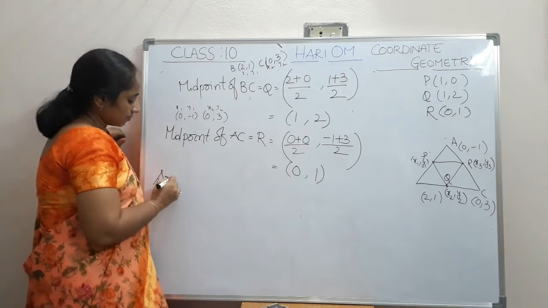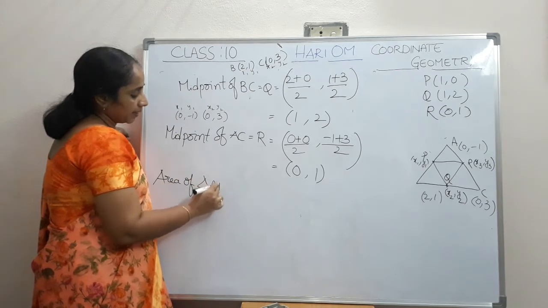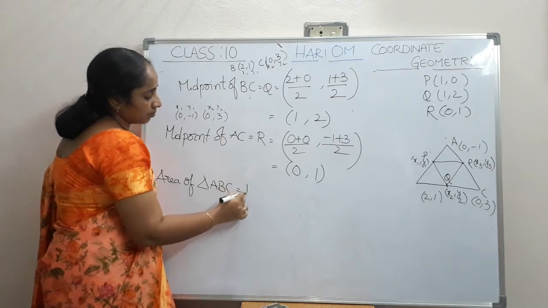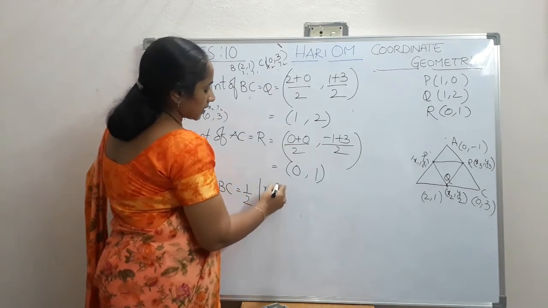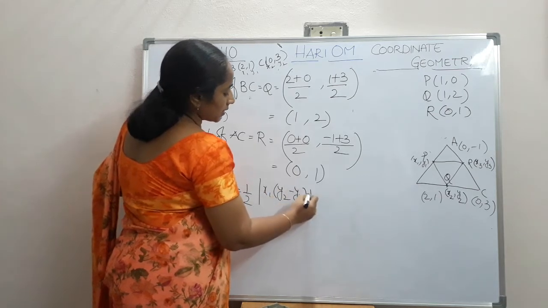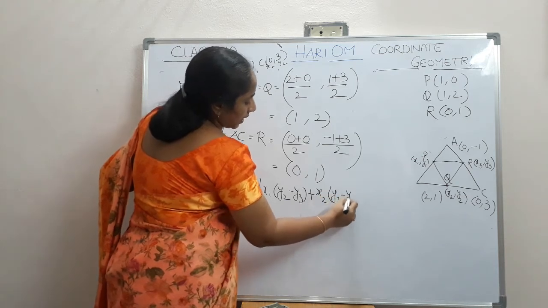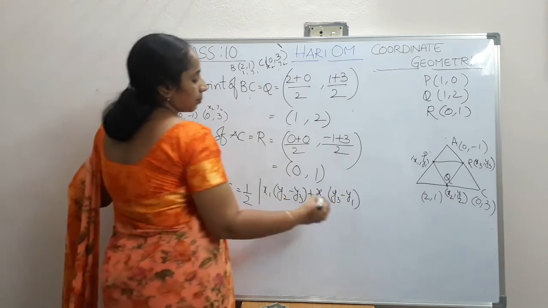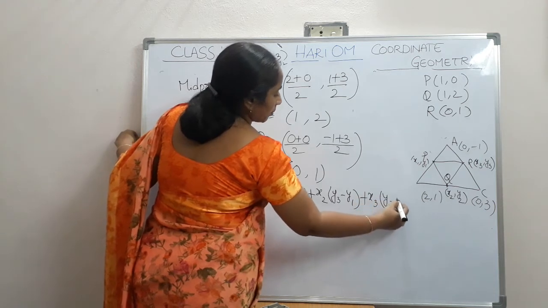Area of triangle ABC is equal to half modulus of x1 (y2 minus y3) plus x2 (y3 minus y1) plus x3 (y1 minus y2).